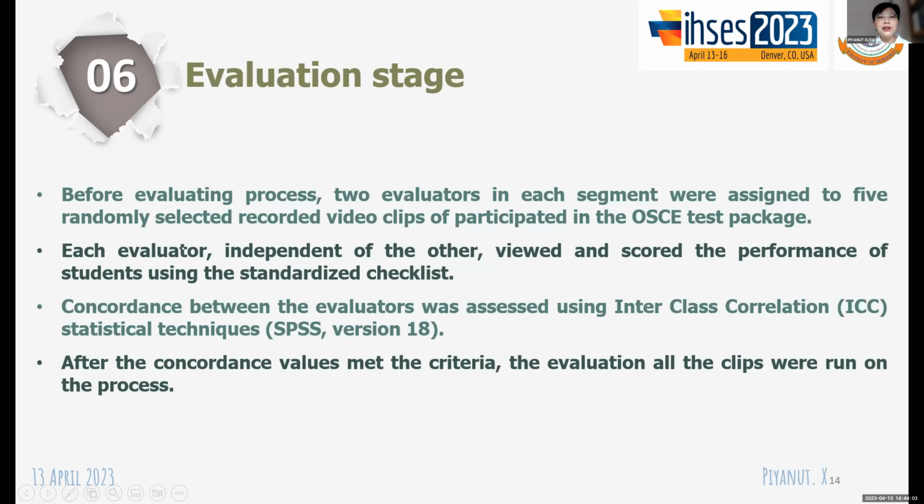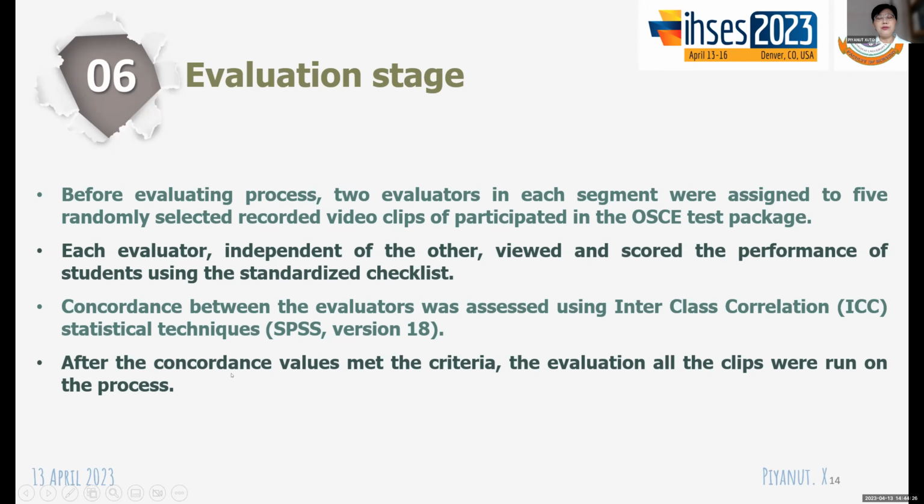For the evaluation stage, before the evaluation process, 2 evaluators in each segment were assigned 5 randomly selected recorded video clips. Each evaluator viewed and scored performance using the standardized checklist.